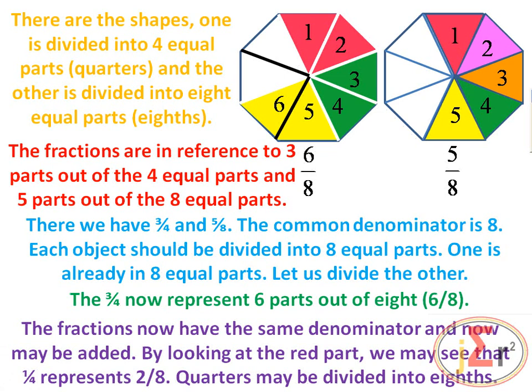However, when we divide the object into 8 equal parts, that quarter turns out to be 2 parts out of 8. So 1/4 is therefore 2/8. Quarters may be divided into eighths.